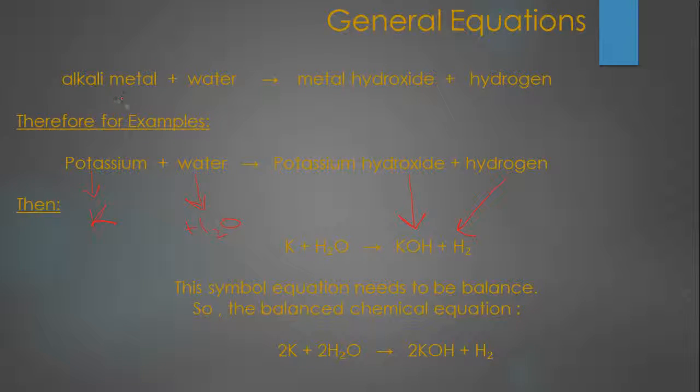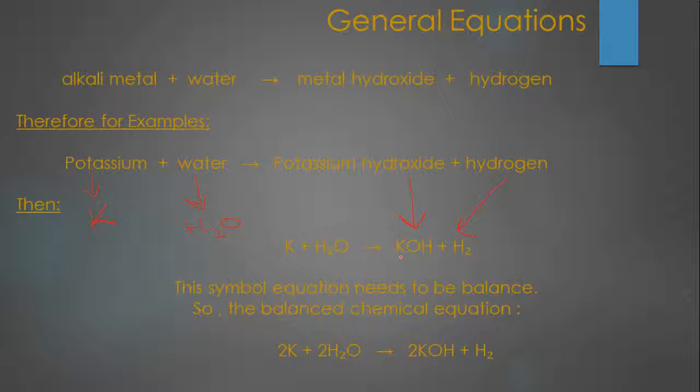Whenever an alkali metal reacts with water, we get a metal hydroxide, like in this case potassium hydroxide, and released hydrogen gas.